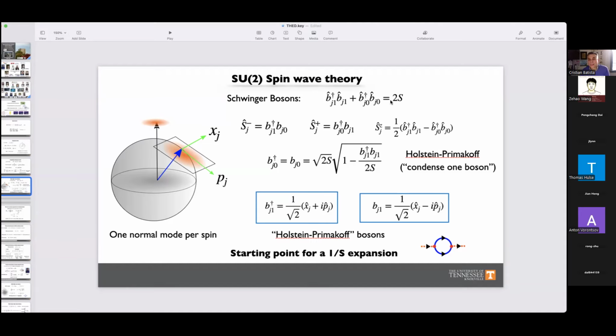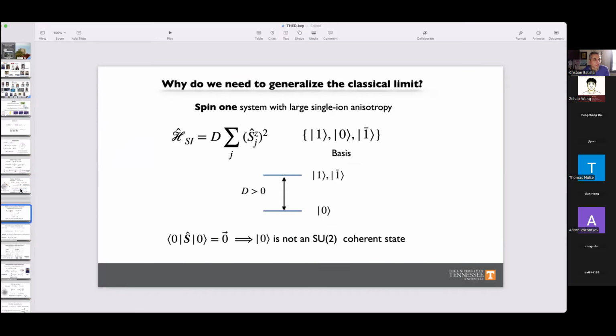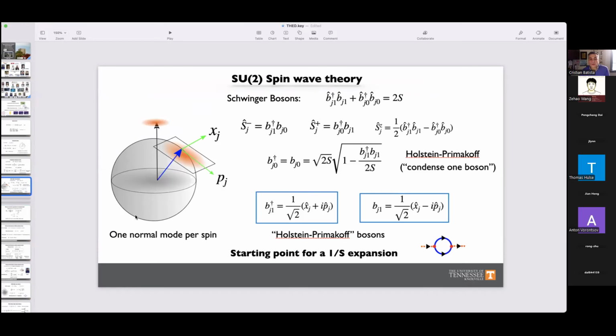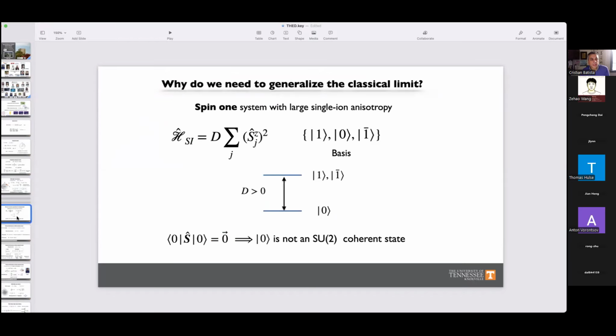So we are trading the constraint for interactions, and then the way we treat the interactions is via a systematic expansion in 1 over s, right? That in terms of the Feynman diagrams corresponds to a loop expansion. And this is one of the things that I will be discussing briefly later.